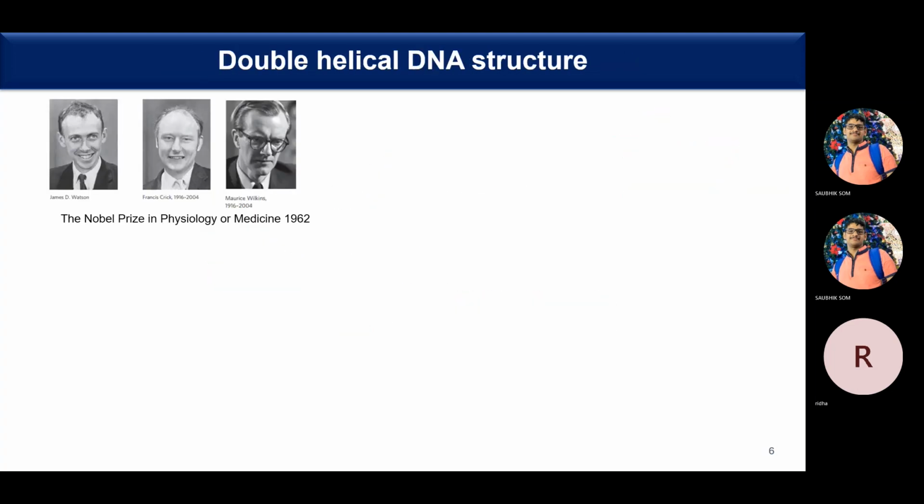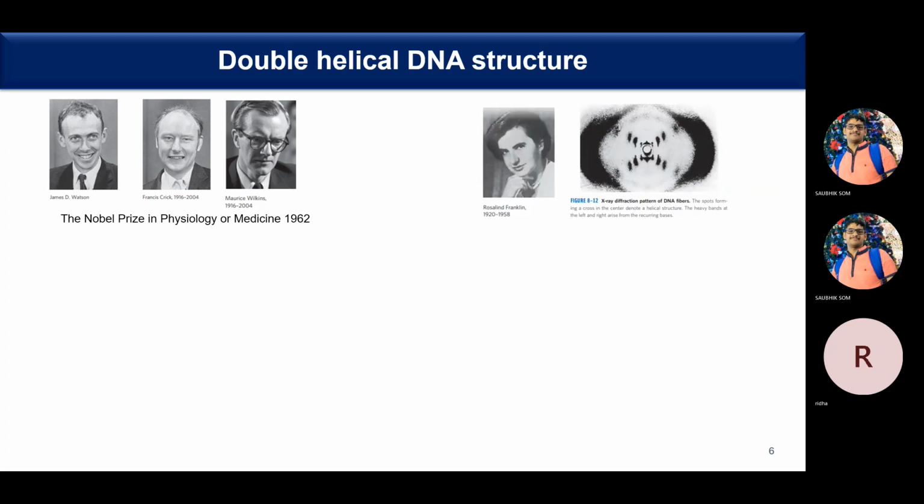So yeah, the DNA double helical structure, as you know, won the Nobel Prize in 1962 for James Watson, Francis Crick, and Maurice Wilkins. However, the Nobel Committee could not give it to the person who actually did the crystallography of DNA, which was Rosalind Franklin. She unfortunately died of leukemia at quite a young age.